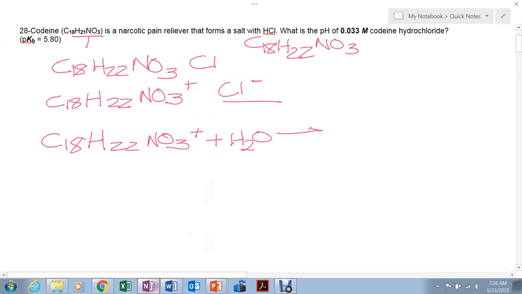So yeah, it's going to give back the base, like here, the codeine C18H21NO3, plus H3O plus. So it's going to be an acidic solution. The salt in water is going to be an acidic solution because the Cl minus is not going to react.